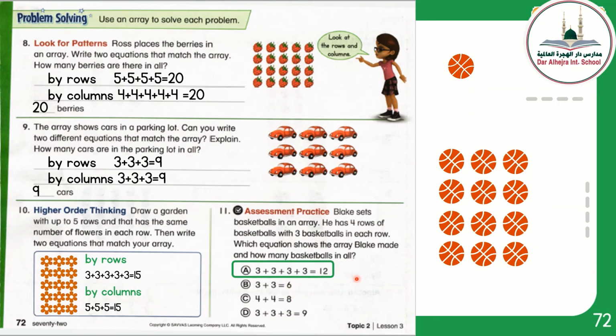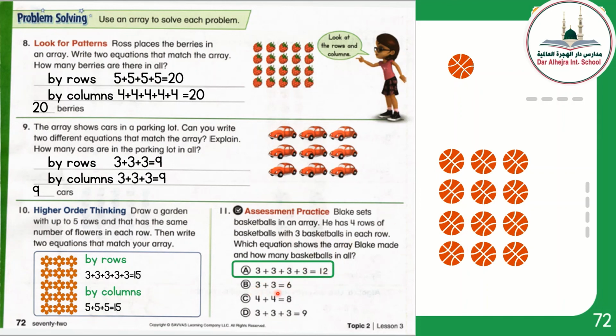Now there should be an equation matching this array. I can see here 3 plus 3 plus 3 plus 3, so this equation shows repeated addition by rows. I can see 3 in each row and it's repeated 4 times, so yes, this should be the correct answer, 12.